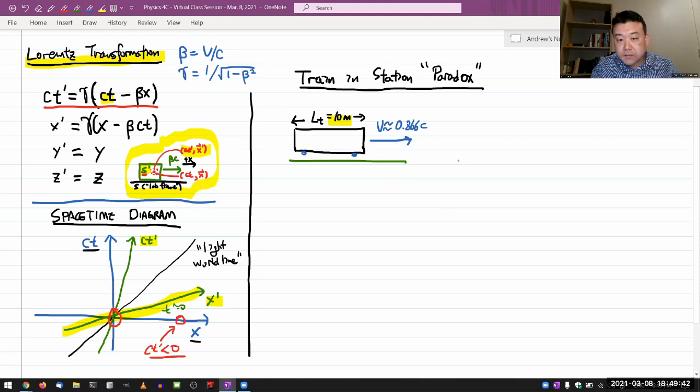Let's see, how long do I want to make the gates? Let me make this easy at first. So I'll say that the two gates at the station are set up so that they will close at the same time, and they are separated by 10 meters apart. So the length between the gates is 10 meters.